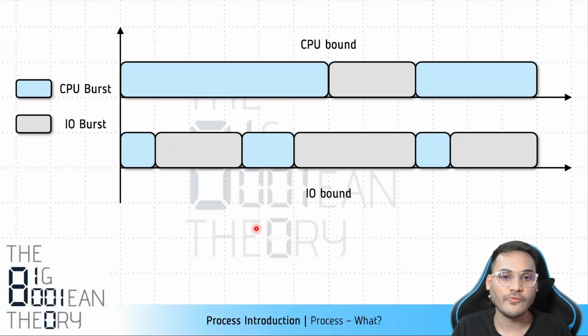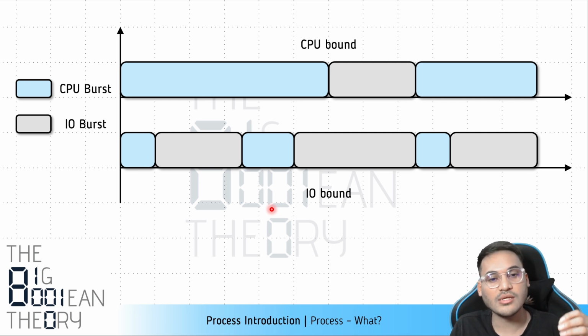You can see from this figure how a process spends its time by alternating between performing computation on the CPU and doing IO operations. All processes behave in this manner, and they can also be classified as CPU bound versus IO bound processes depending on the amount of computation that they do. So understanding this behavior helps the operating system in properly making decisions while time sharing the CPU, right? So this was about the CPU IO burst cycle.